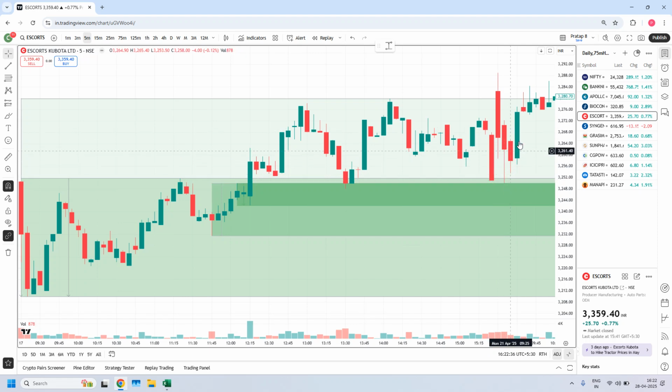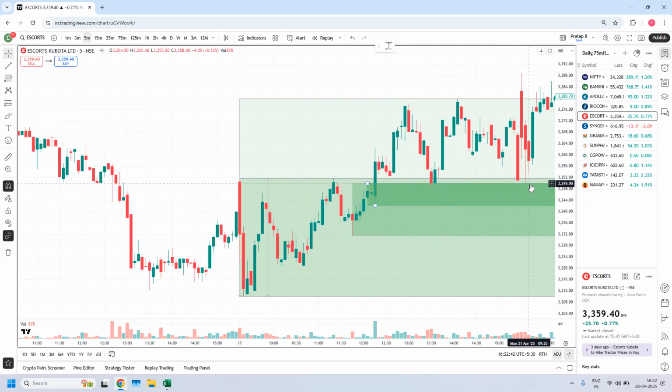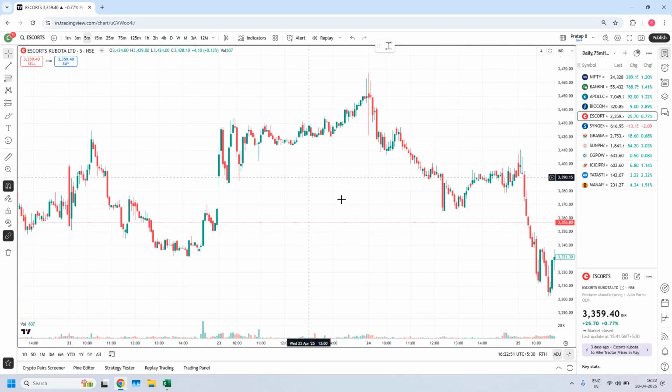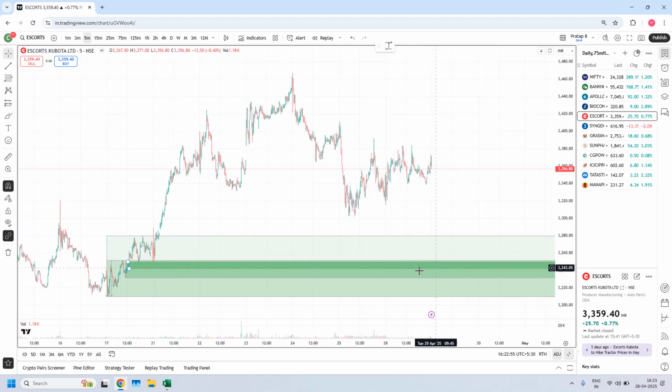See, prices moved up sharply, not even entering inside. So maybe it could be a high liquidity, and even after the second test, there was a huge rejection here and a very good move out of the zone. So definitely you can plan a trade, but today prices did not enter this zone. So this is about Escorts.